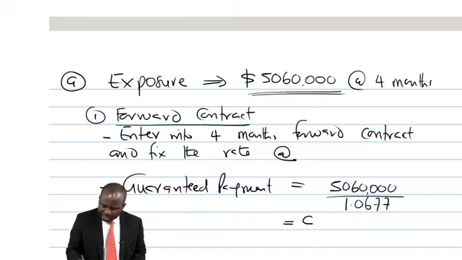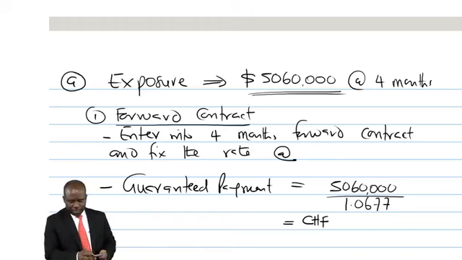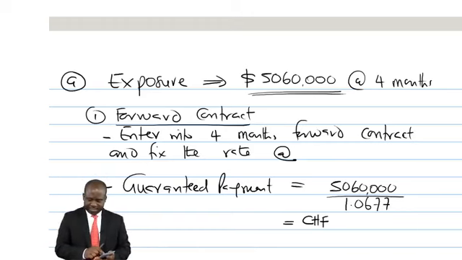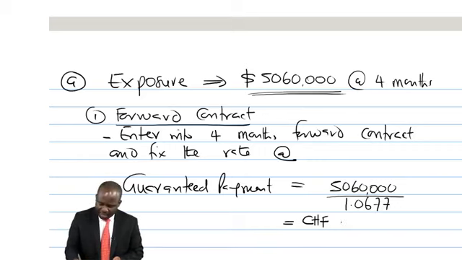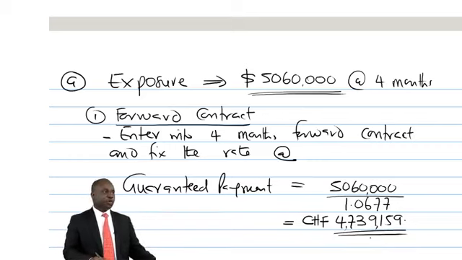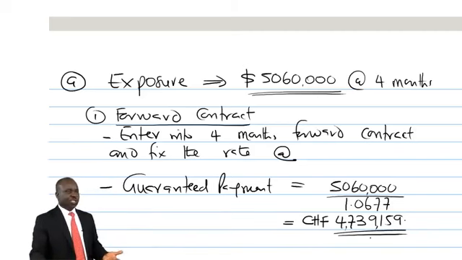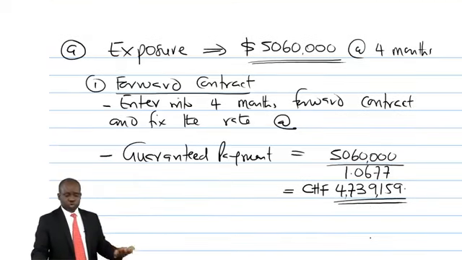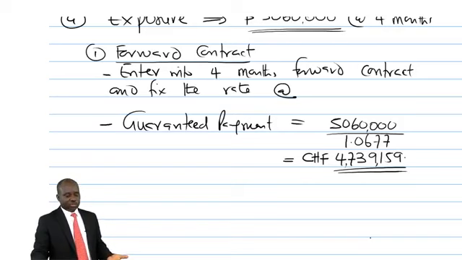And how much are we going to get in CHF? So that should be the payment. So 5060123 divided by 1.0677, and that will give me 4739159. So this is all about the forward contract. How many marks do you think here? 1 mark. So you do not have to waste time on it at all.